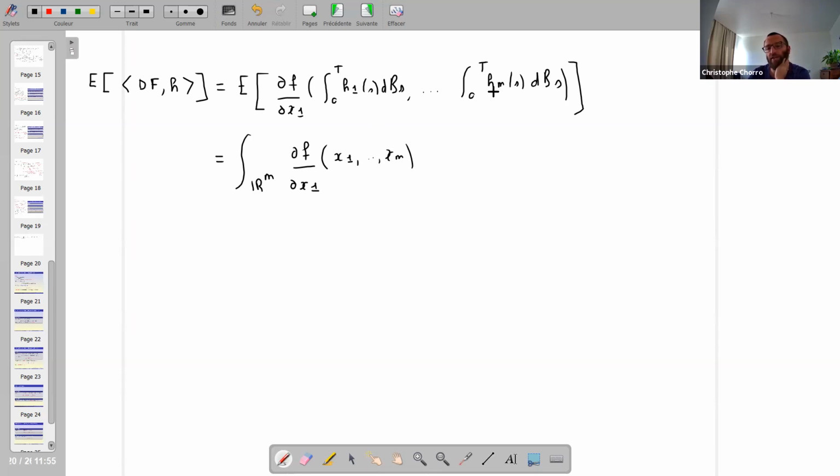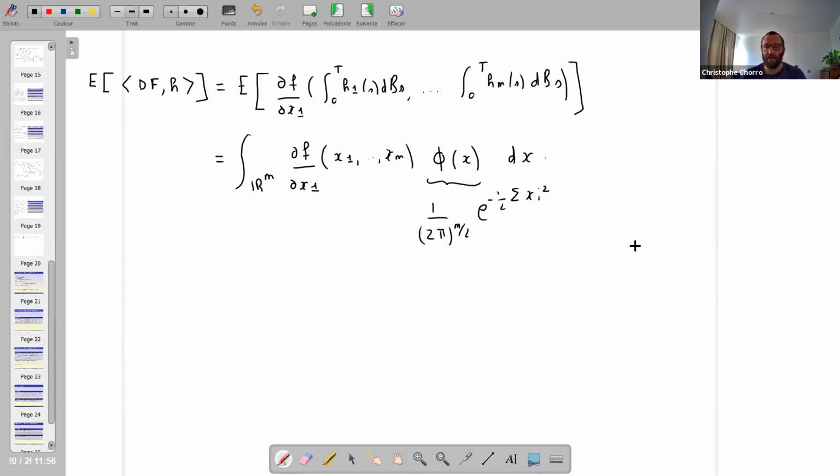And I know that this density, which I have denoted by phi of x, is just the product of the densities of each random variable. I remind you that this is given by 1 over the square root of 2 pi to the power n over 2, times the exponential of minus 1 over 2 the sum of the xi squared.